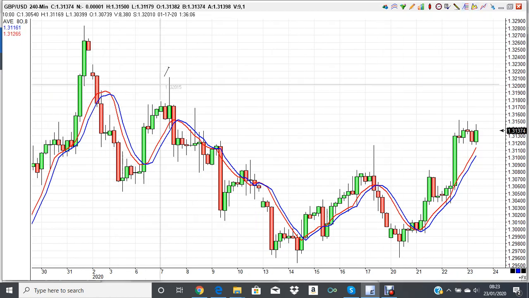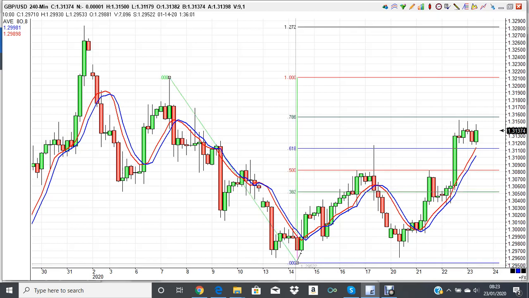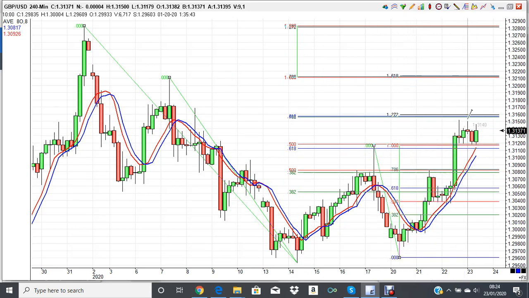If you take this swing high to the low, we're at just shy of the 786, and the 61% off of this one comes in, as you can see, very, very close to that. And then there's also the 1.27 off of this one, which comes right into this area at 130.160.